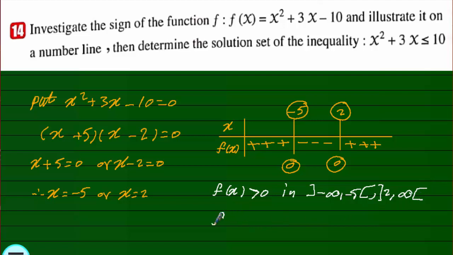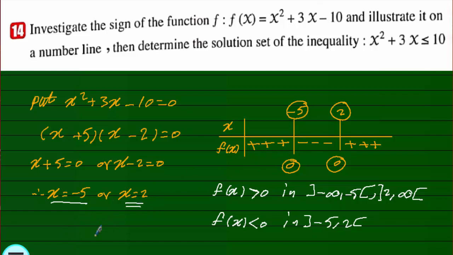Also f of x is less than 0 in the open interval from negative 5 to 2. f of x equals 0 when x equals negative 5 and when x equals 2.